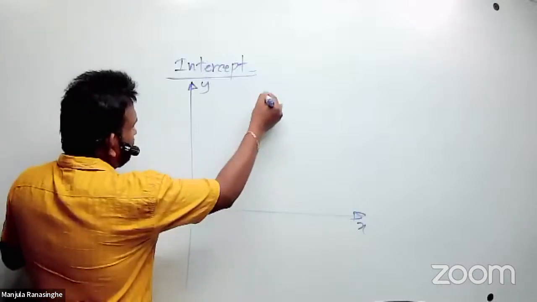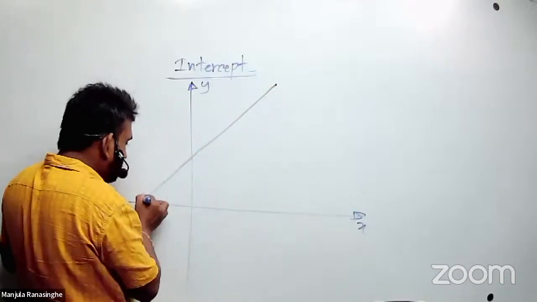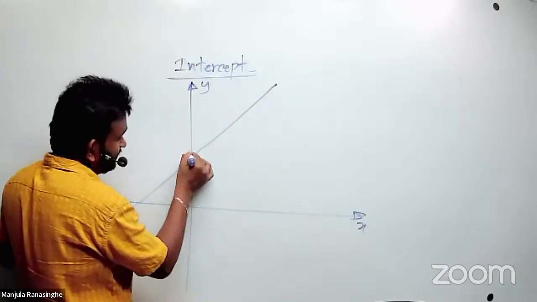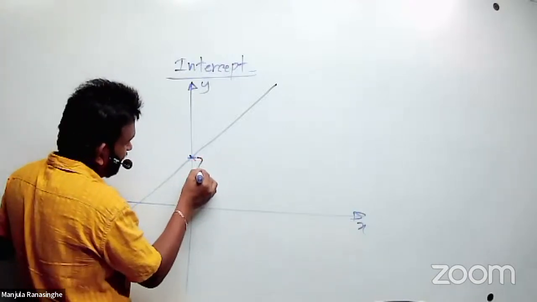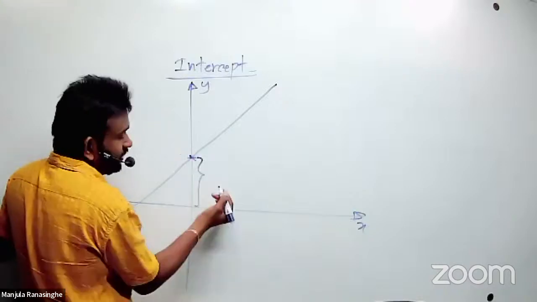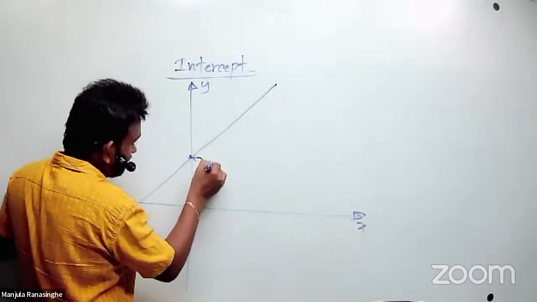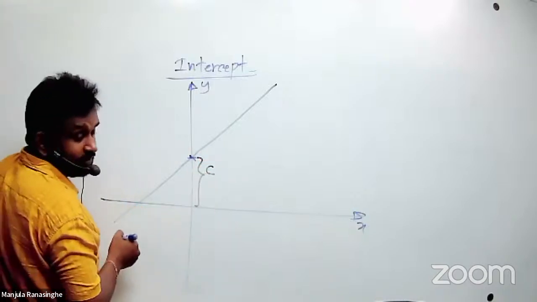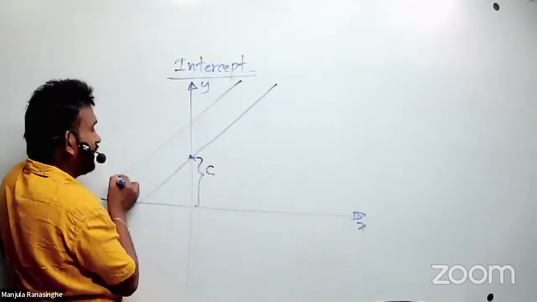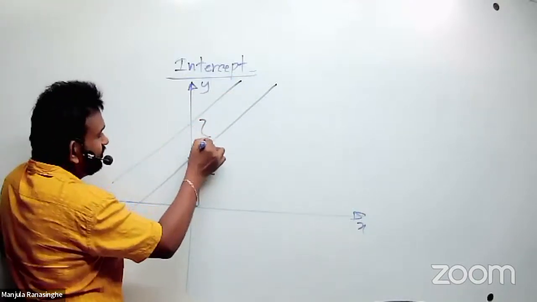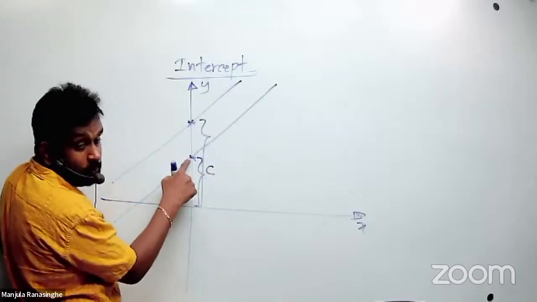Intercept means when we draw a straight line segment, it comes and cuts the x-axis, sorry, cuts the y-axis. So this is the y-axis cutting point. So that height, the y-coordinate of that point on the y-axis, is the intercept. So this height is the c, right? That is the intercept. If a graph is cutting in this way, you can see it has a higher intercept because the y-coordinate here is more than this y-coordinate.